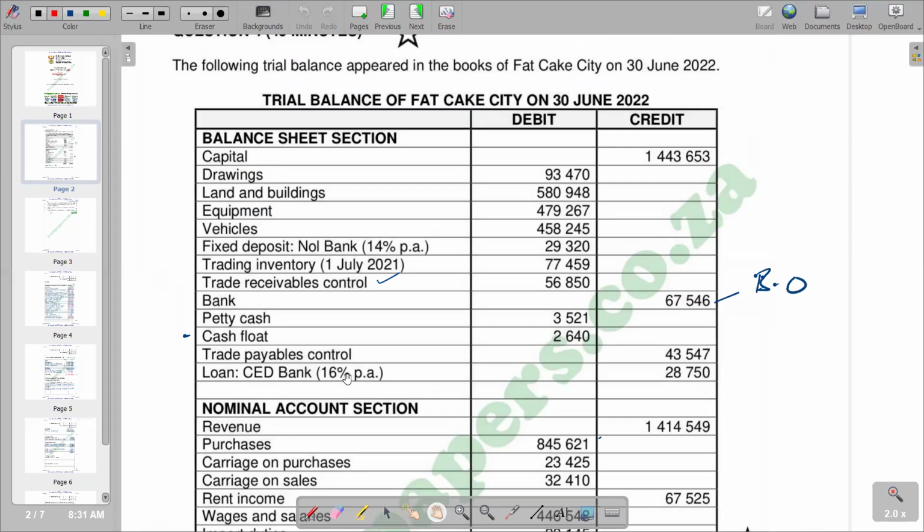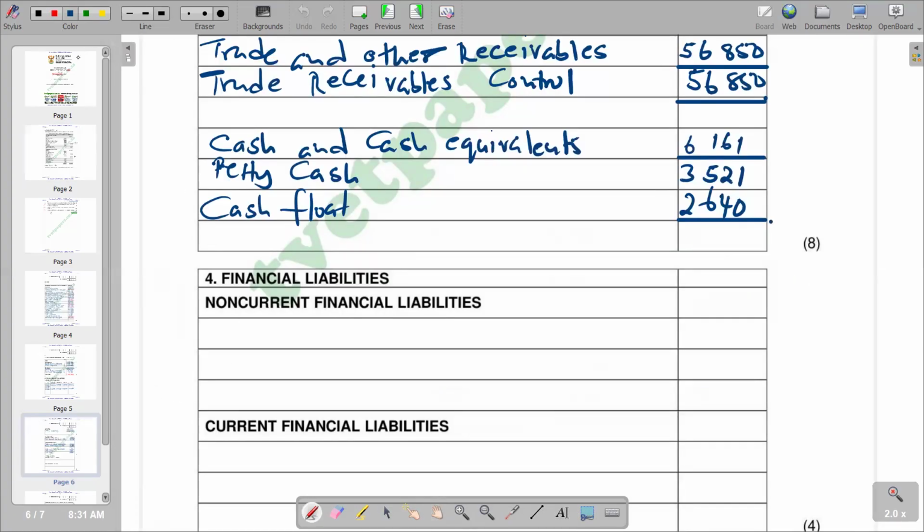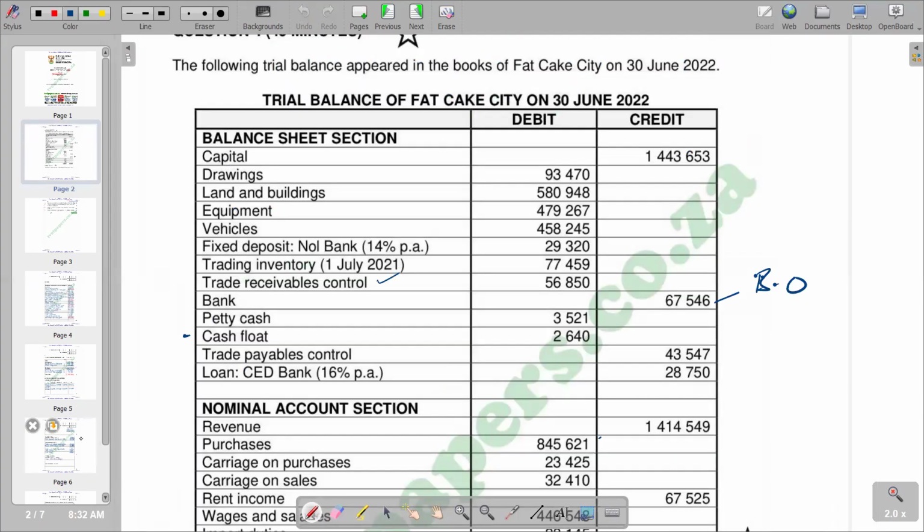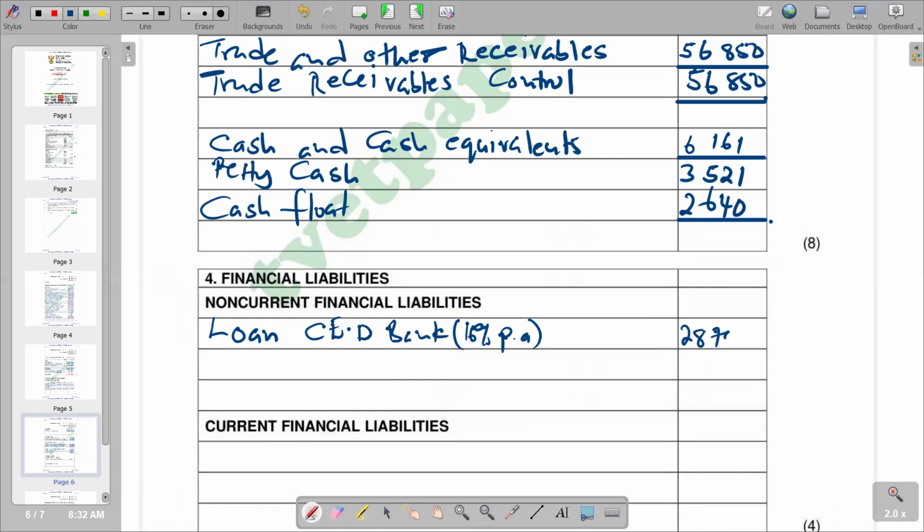You see that we've got a loan, CED Bank, 16% per annum, with an amount of 20,750, which is the same figure that is supposed to be the total.